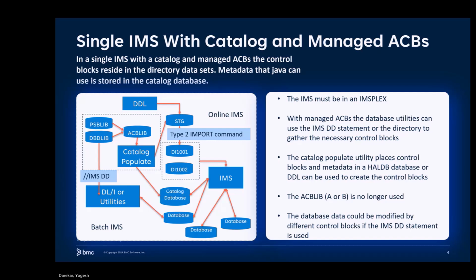Once the database or PSB change has been moved into the staging library, if you want to harden that into the active directory, you would do a type 2 import command, import it into the catalog, and that change would be hardened into the active directory datasets. And once that is done, they would be good to go.